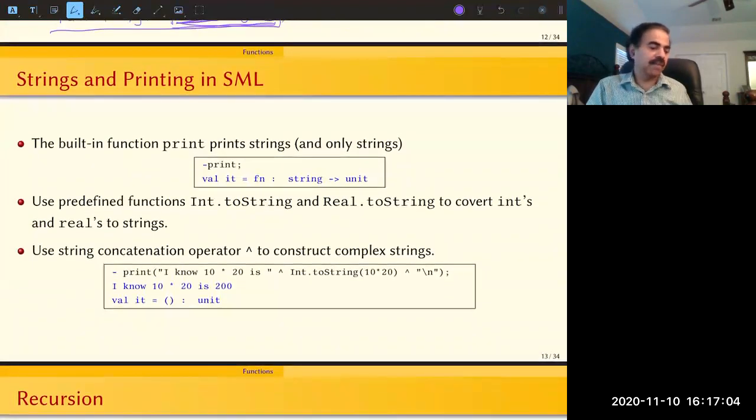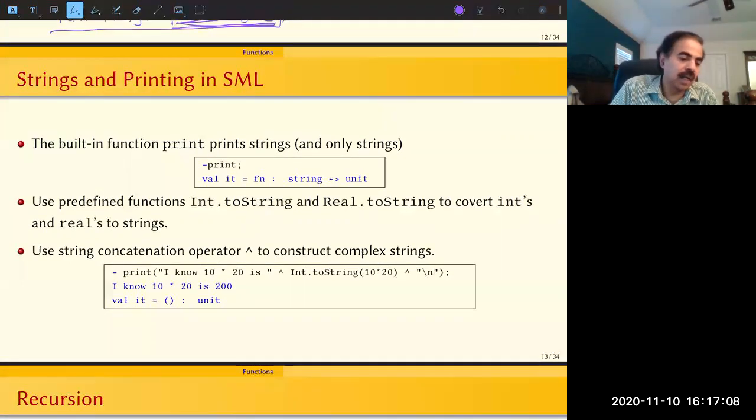So, and then the last piece is how you print. Standard ML has a built-in function called print. And if you just type print, it tells you, hey, that's the name of a function which takes a string argument and produces nothing, right?